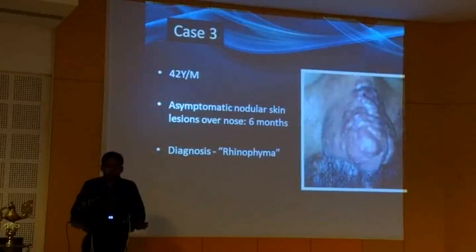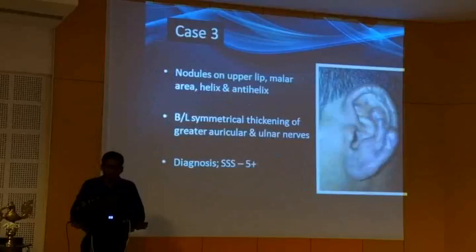A 42-year-old male complained of multiple asymptomatic nodules over the nose for the past 6 months. He was diagnosed to have rhinophyma and was referred to dermatology for further management. We noticed in addition to the nose, he had nodules on the upper lip, malar area and the ear. There was also bilateral symmetrical thickening of the greater auricular and ulnar nerves.